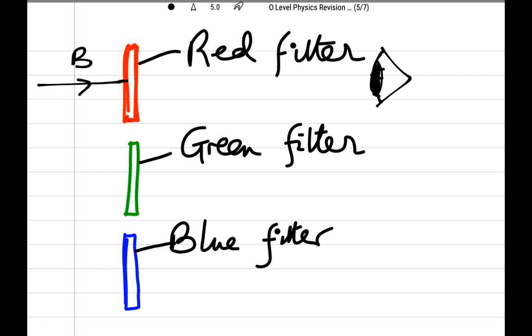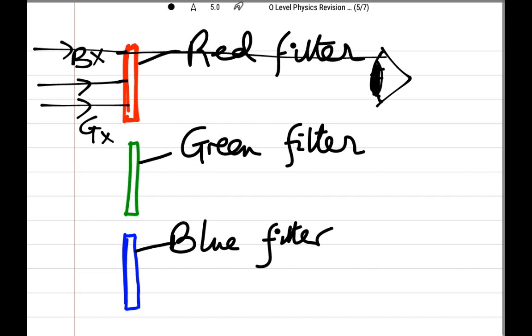So you have a red filter. When blue light is incident on it, it's absorbed. It won't be transmitted. When green light is incident, it's also absorbed. It won't be transmitted. When red is incident on it, the red will go through.